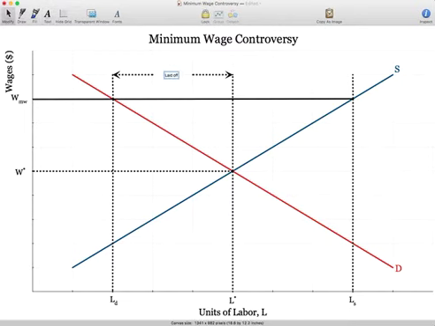Let me just make that a little bit bigger so it's easier for people to see. That tells us that this is the amount of people who were originally working, but at the higher wage rate, companies demand much less than that. So those are the people who are going to get laid off because of the institution of that minimum wage.